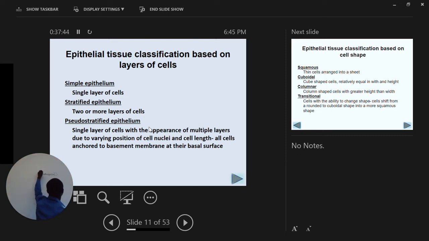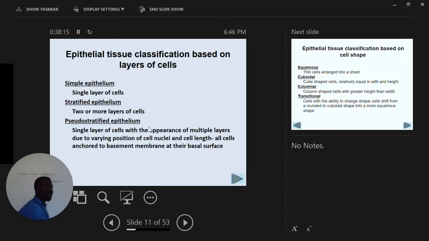Number one is that you can have simple. Now, simple simply means that it is a simple layer or simple epithelium. I'm going to write simple epithelium.